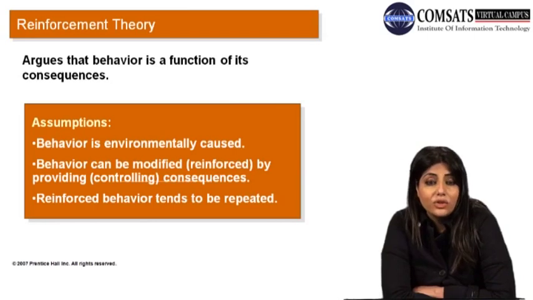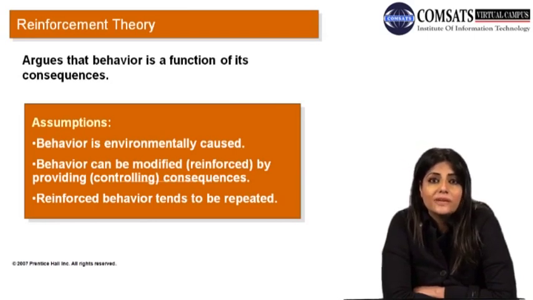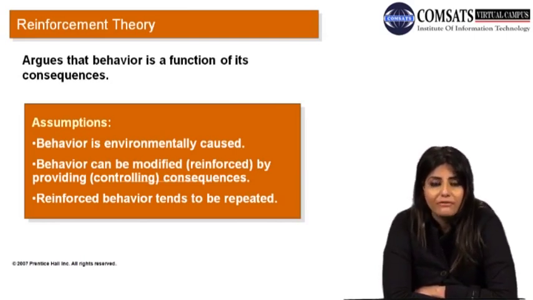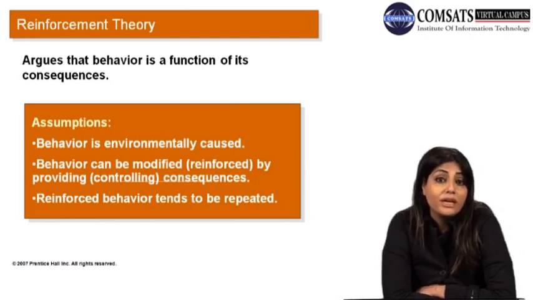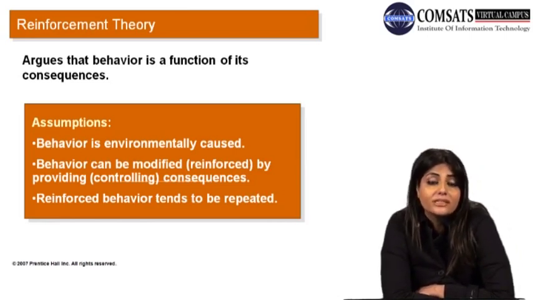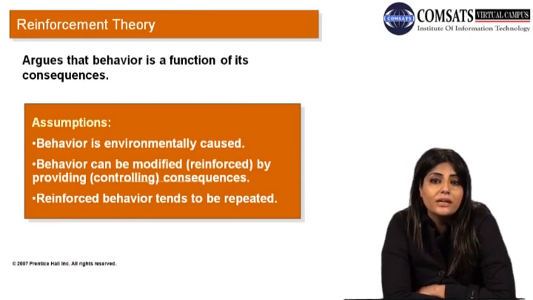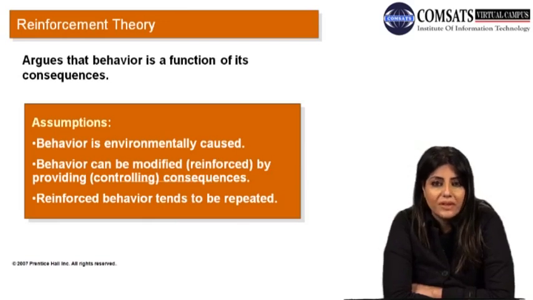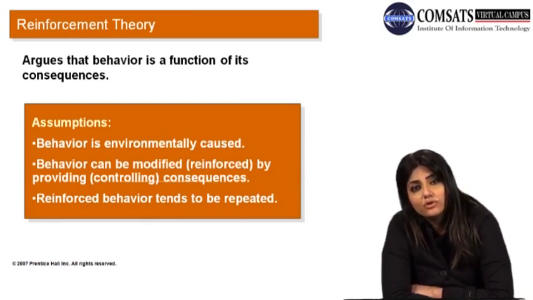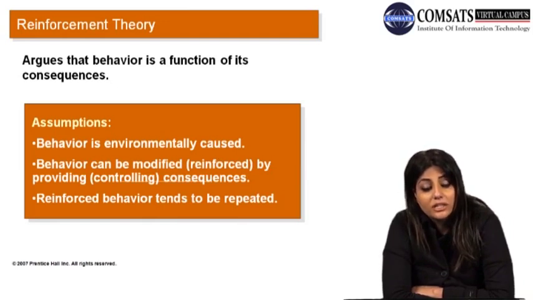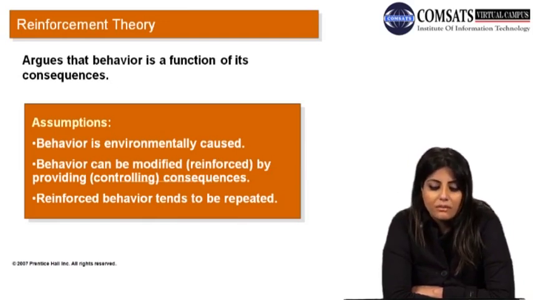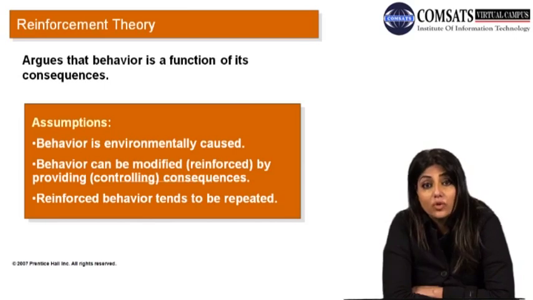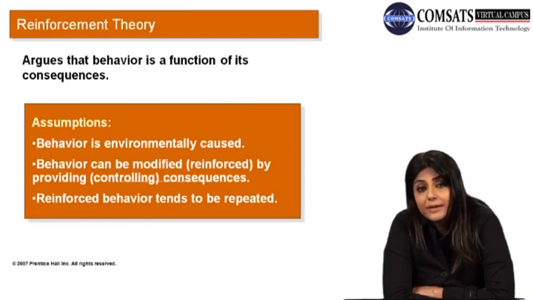Compared to that, the reinforcement theory does not explain a psychological state of how motivation occurs, but relates the employee's motivation to environmental factors. It says that behavior is caused environmentally, or is the result of environmental conditions. So the theory says that an individual's behavior can be modified by controlling the consequences of that behavior.